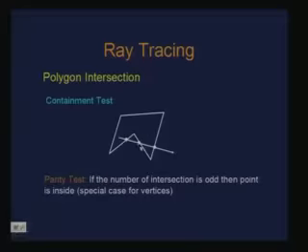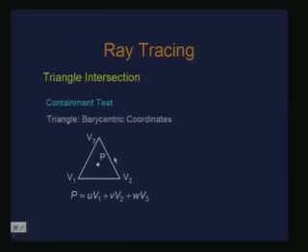Okay, so now let's see if we consider the polygons to be triangles. We have a better way to see this process of containment. So the question we are asking here is, given this triangle with vertices V1, V2, V3, there is a point P inside this triangle.